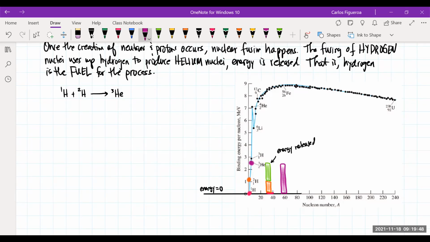This is the energy of helium 3, this is the energy of deuterium, and the energy of hydrogen 1 is 0. So every fusion adds more heat here.